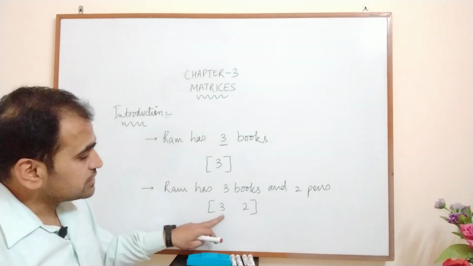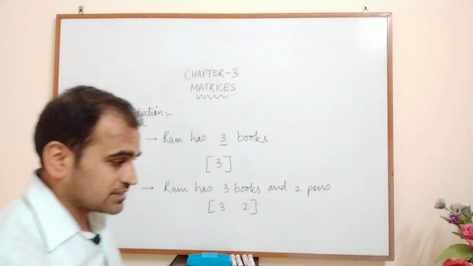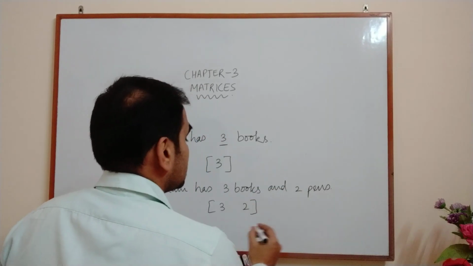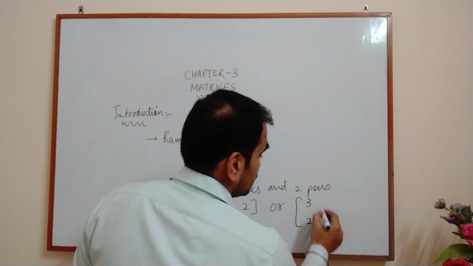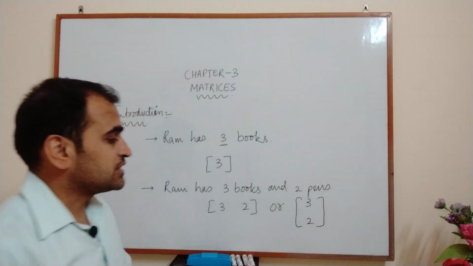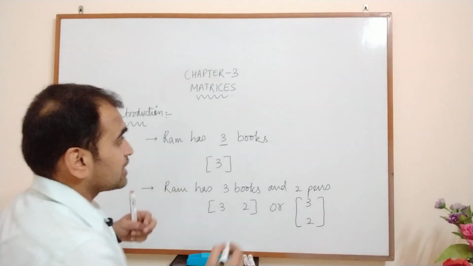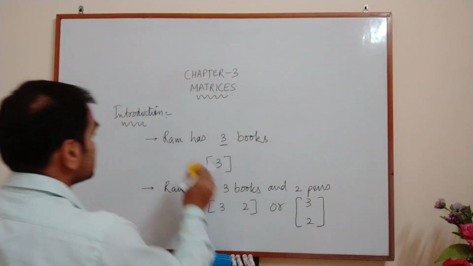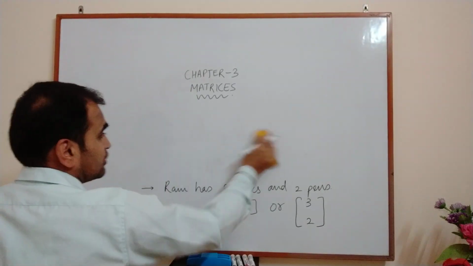Okay, so where this 3 is representing the number of books and 2 is representing the number of pens that Ram has. This information can also be stored in this way as well. So 3 and 2. So this 3 is representing the number of books and 2 is representing the number of pens.